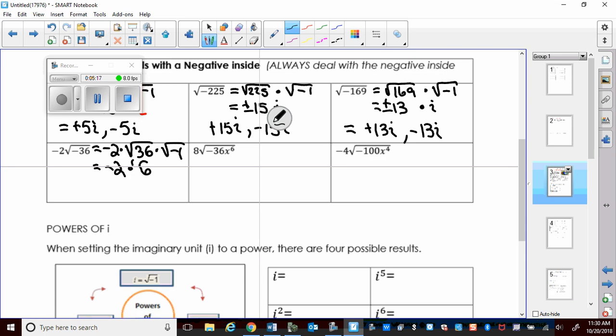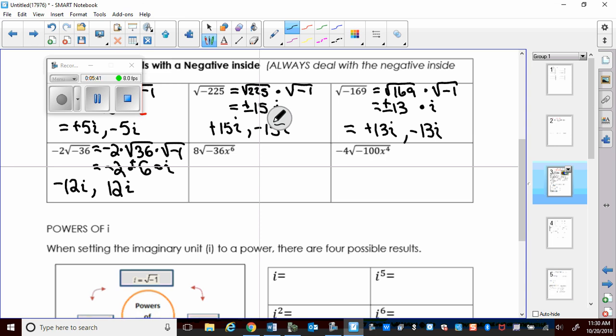And keep in mind there's a plus or minus there, times i. Okay, how do I deal with this plus or minus? Well, you just get negative 12i, comma, 12i. Still a positive, still a negative.